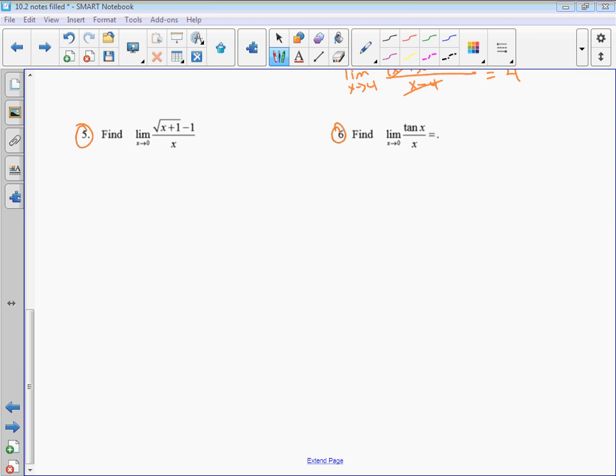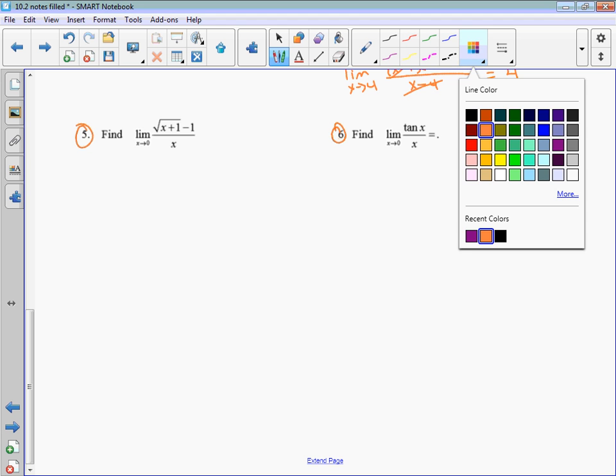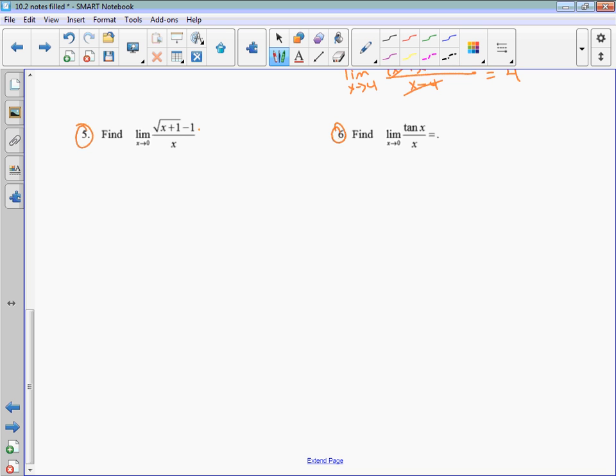Stuck on 6? Yeah, a little bit. Alright, let's go through 5 together real quick. So are we multiplying by square root of x plus 1 plus 1? So when I multiply, what am I left with in my numerator?